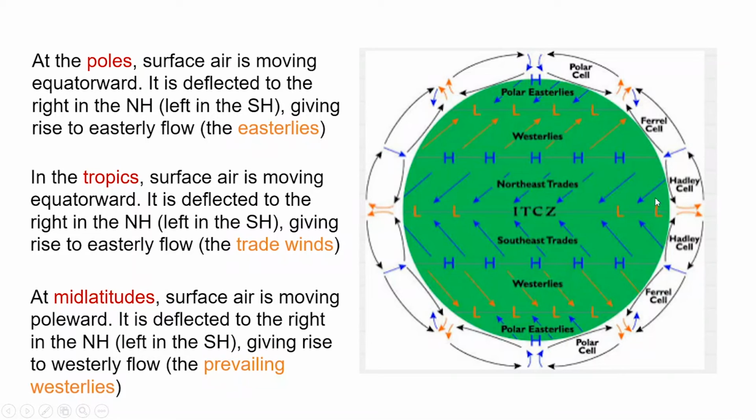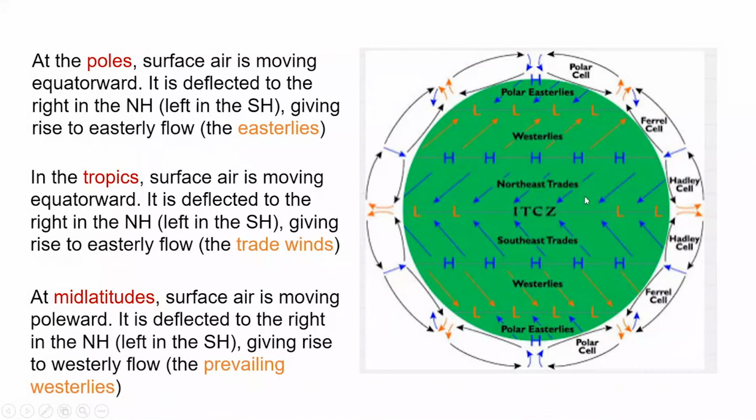In between, if you look at this Hadley cell, this is 0 degree latitude, and this is 30-degree latitude. Here again, the air flow is in the direction of the equator, but due to the Coriolis effect, they are curved, so they are blowing from the northeastern direction.